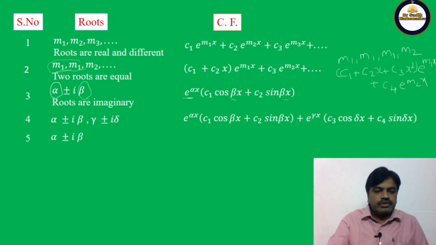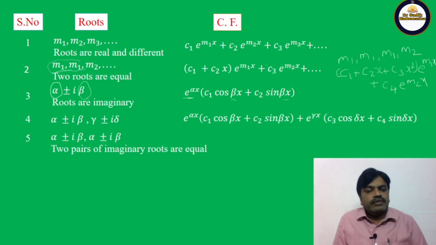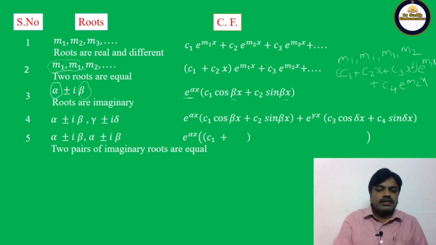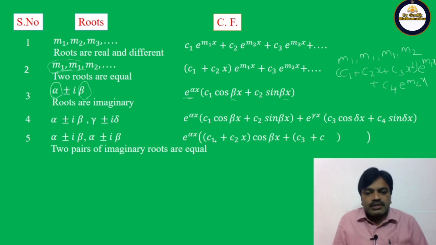If they are repeated, then you can guess: e power alpha x times c1 plus c2x cos beta x plus c3 plus c4x sin beta x. If repeated, you just write c1 plus c2x in place of c1, and c3 plus c4x in place of c3.